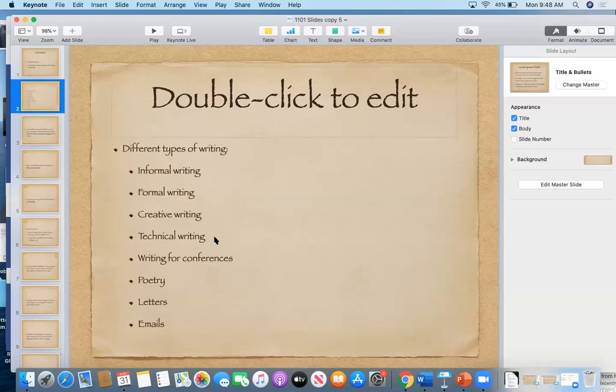And also with technical writing. Now, technical writing, some of you might be going into fields like computer science or information technology or engineering or something like that. At UCF, I used to teach a class called Writing for the Technical Professional. It's a junior class where these students have already taken English 1101.